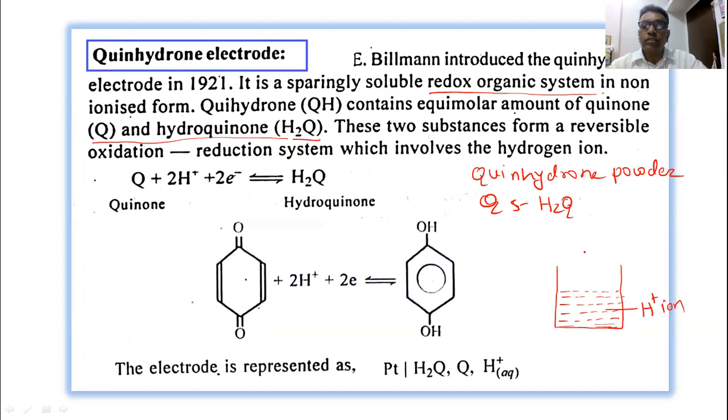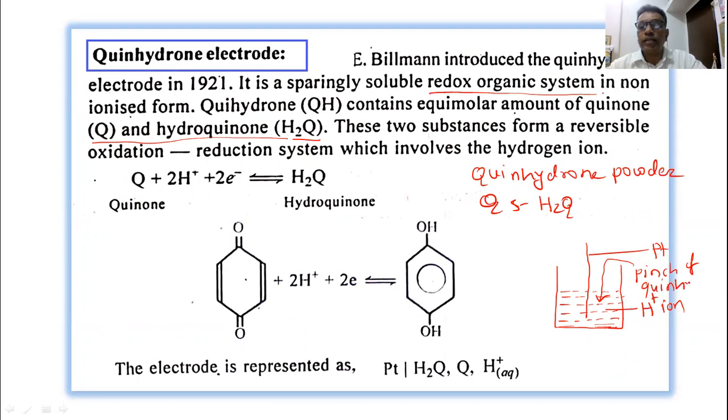In this solution, we dip the platinum electrode. The use of the platinum is to conduct electricity, to carry the electrons or the current. And in this beaker, we add a pinch of quinhydron powder. A pinch means a very small quantity.